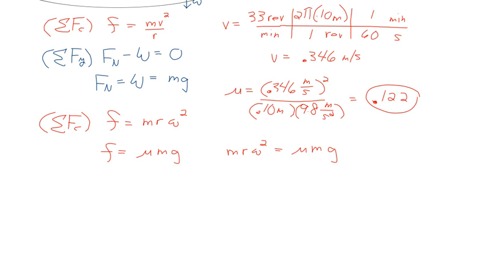What can I, again, cancel on both sides of the equation? M. And the unknown in this problem is R. So I just need to move the omega squared down there, and I'm going to get R equals mu g over omega squared. And the one thing about this particular formula, like I told you, we're going to have extra radians.